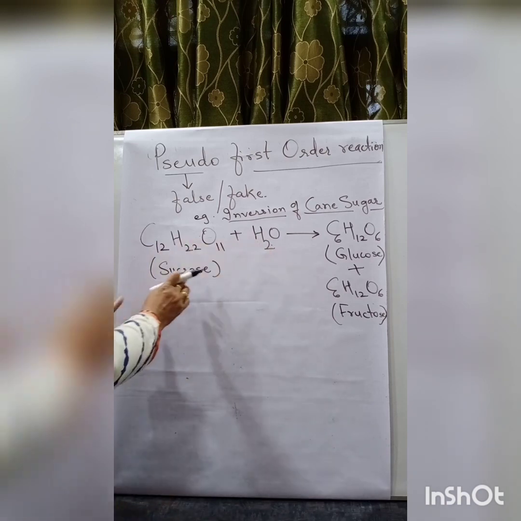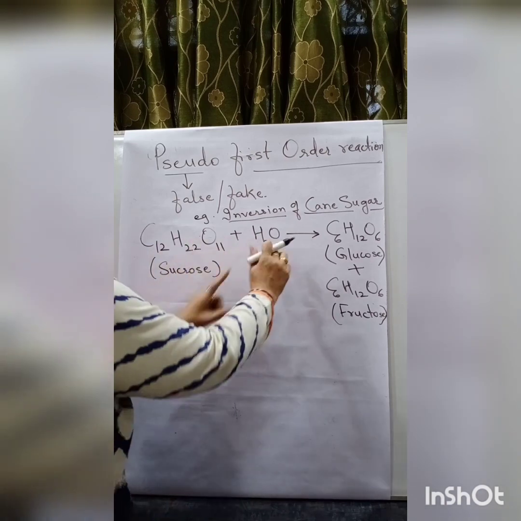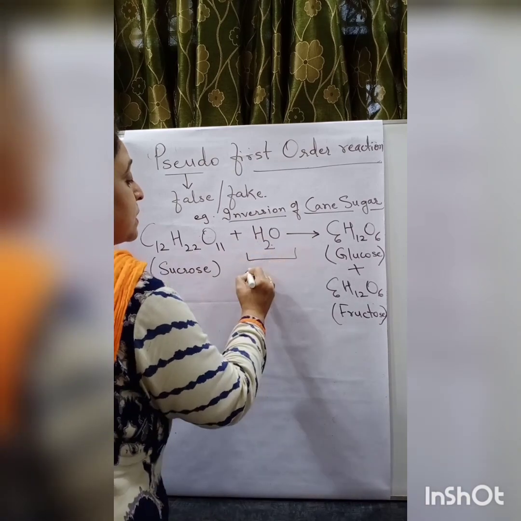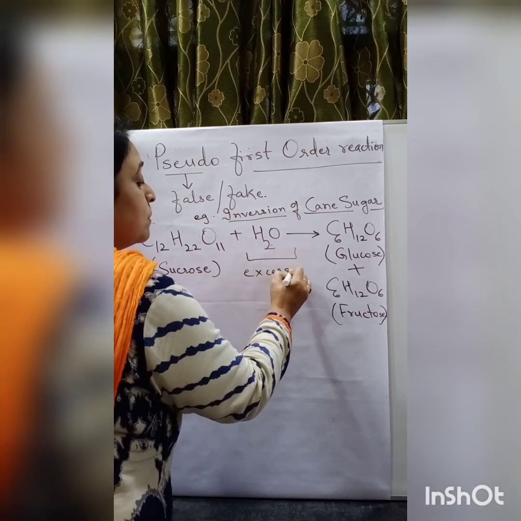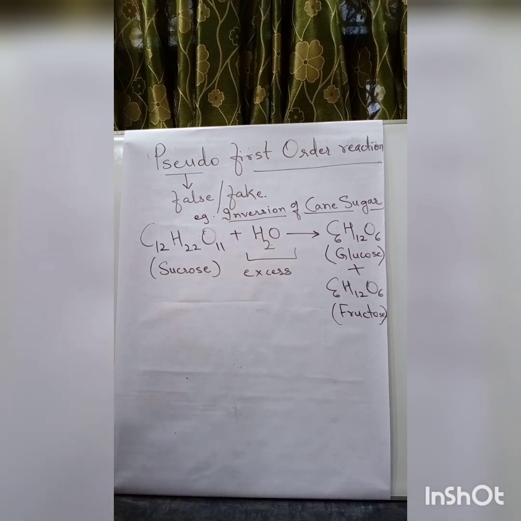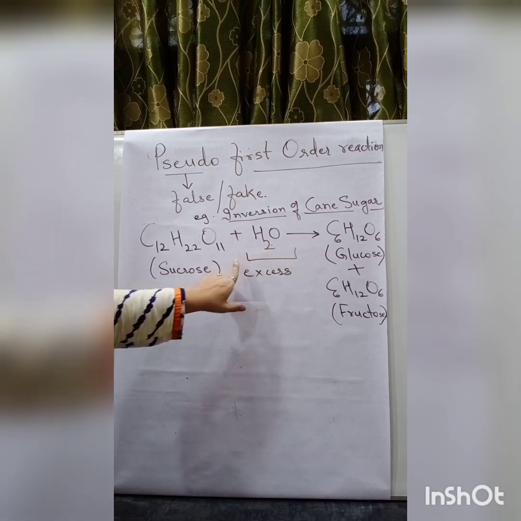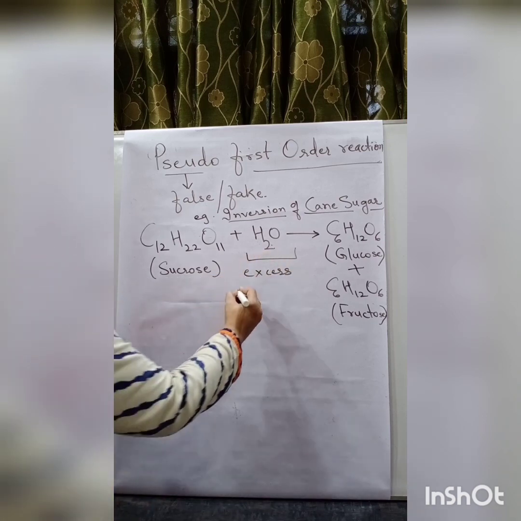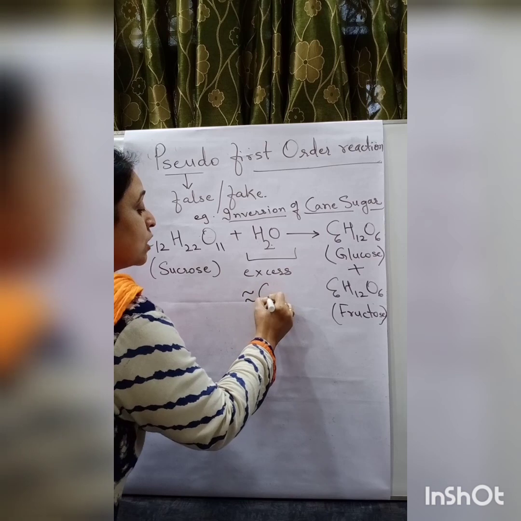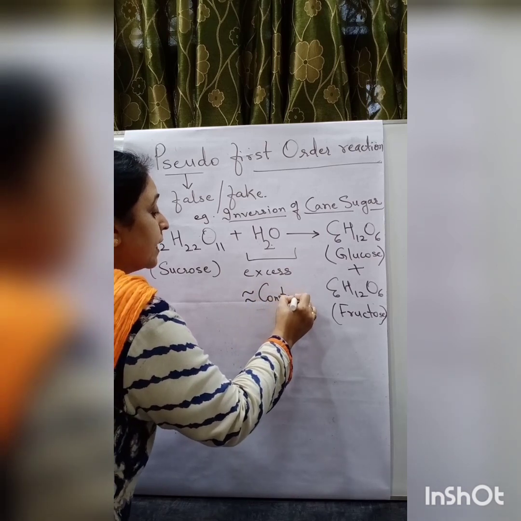Now if we add this sucrose in a large excess of water, this is present in excess. Plenty of water is there. That means the concentration of water becomes constant. Since it is present in excess, so this turns out to be constant.